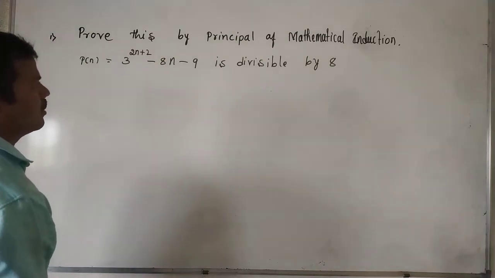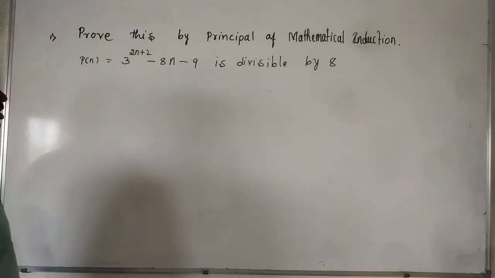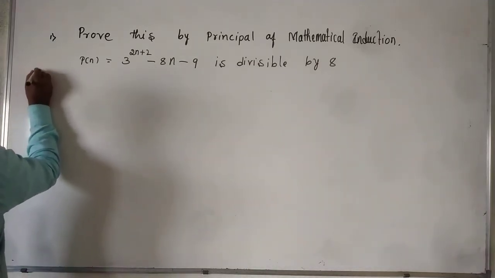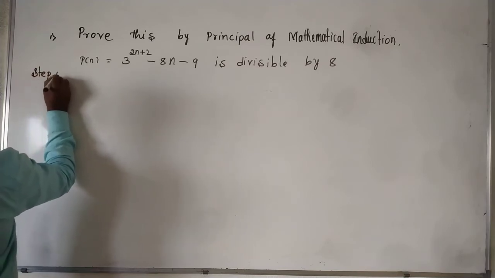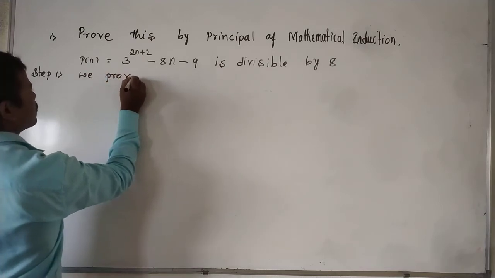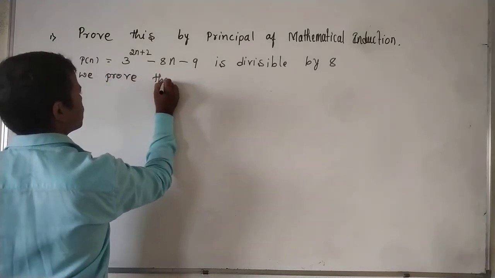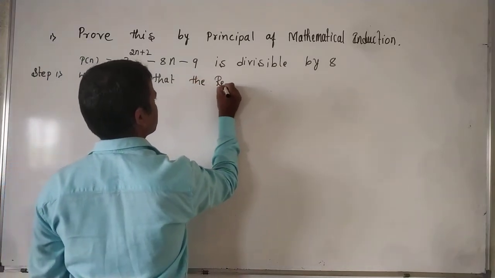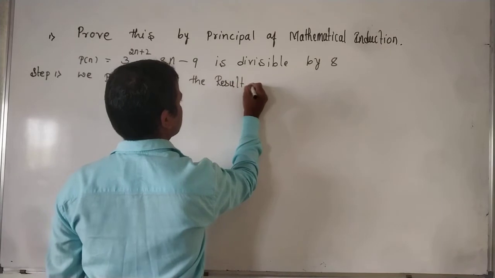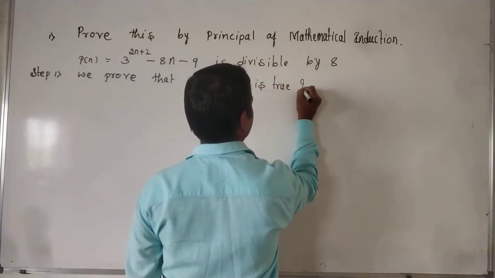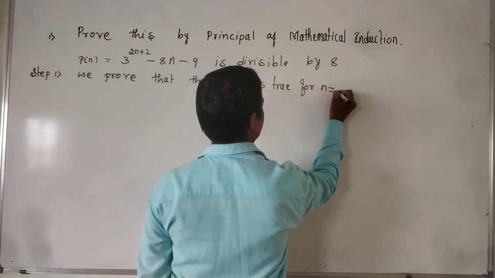So P of n. First, step 1: we have to prove that the result is true for n equal to 1.